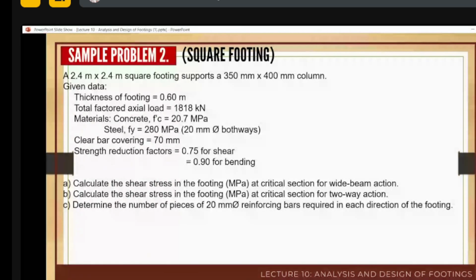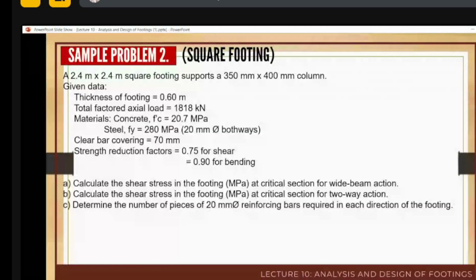And so the formula for ultimate shear capacity, shear force, VU equals, yes. VU equals phi times 0.17 lambda square root of F prime C. Sige, sige.